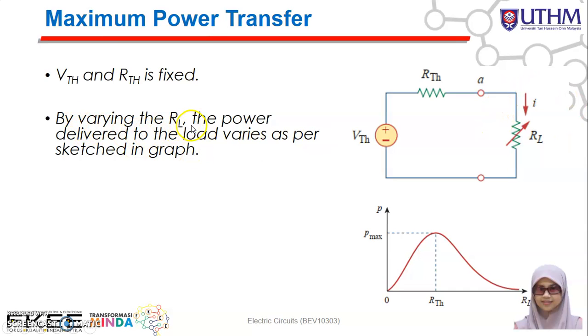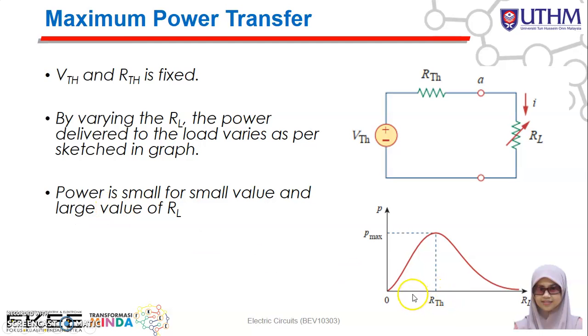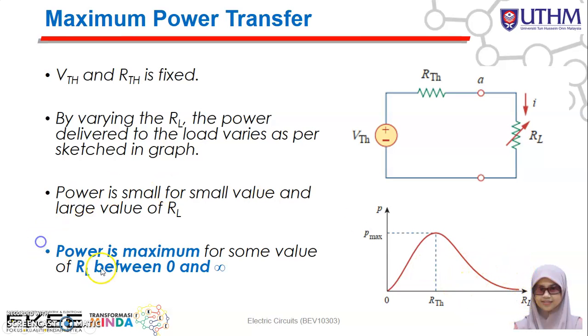By varying RL, the power delivered to the load varies as per the sketched graph. From the graph, we know that the power is small for a small value of RL, and also small for a large value of RL, and the power is maximum for some value of RL between 0 and infinity.